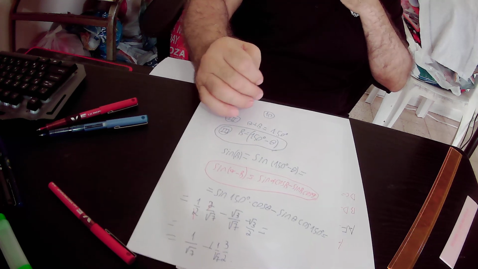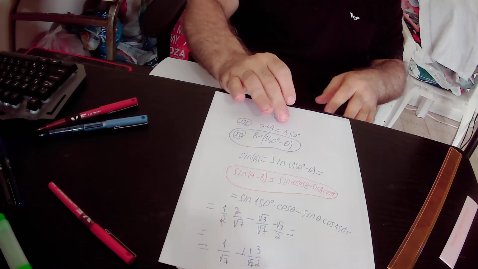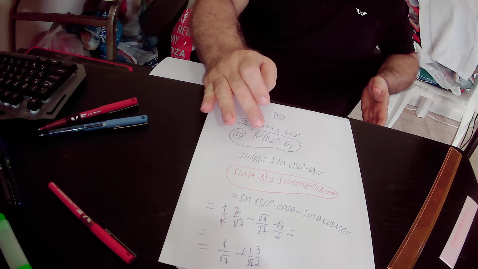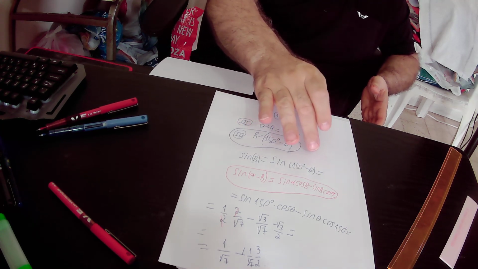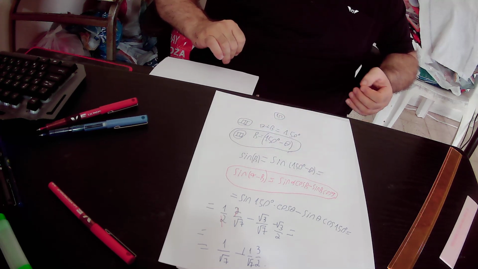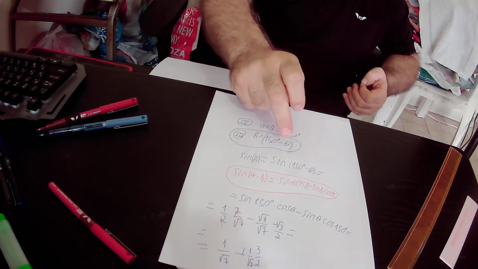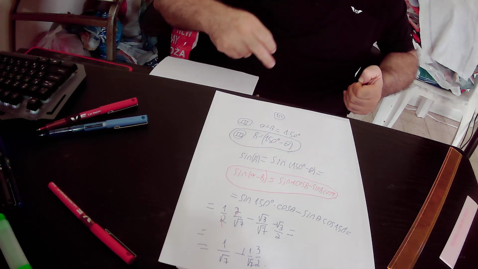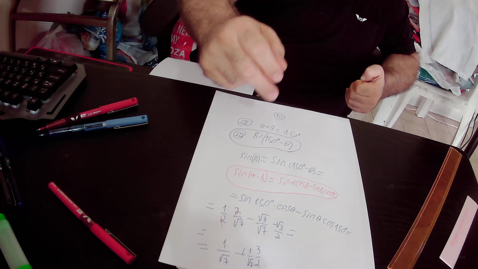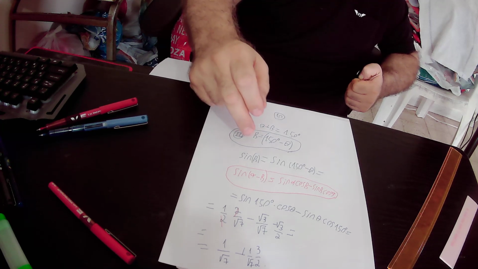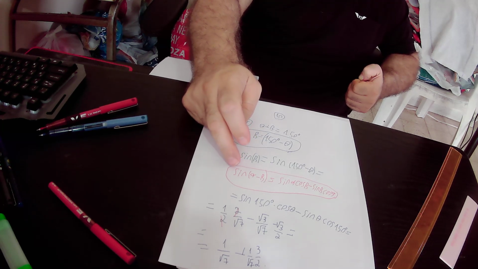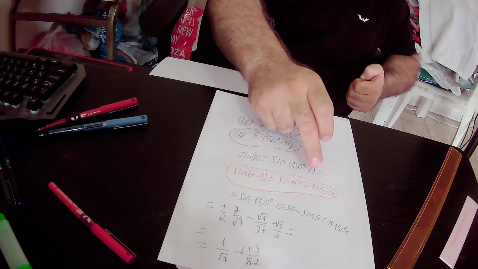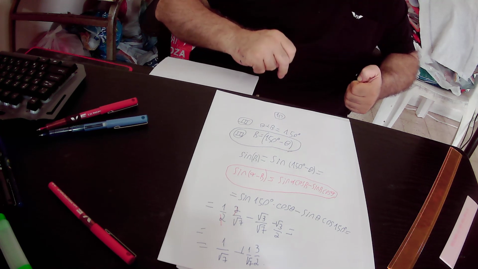Okay, so if beta equals 150 degrees minus theta, then sine beta equals sine of 150 degrees minus theta. So in order to find the value of sine of 150 degrees minus theta, we used the second trigonometric identity that states that the value of sine alpha minus beta is sine alpha cosine beta minus sine beta cosine alpha.